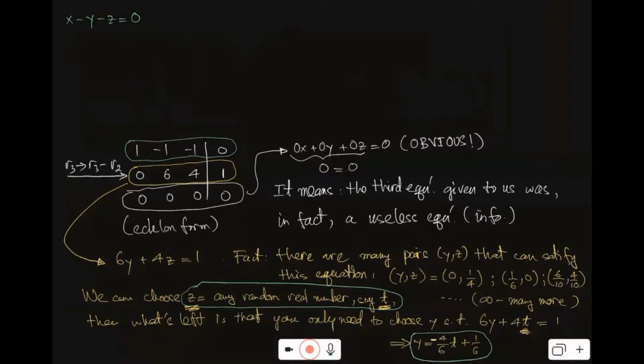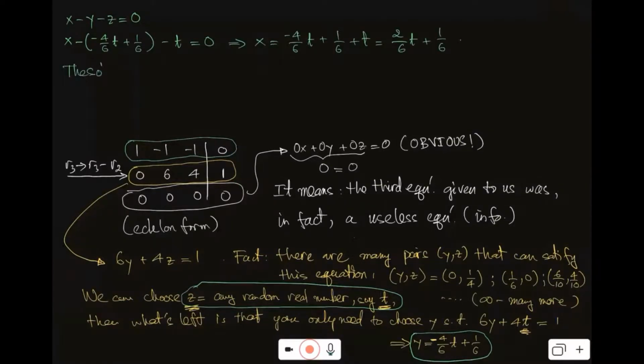So you literally can rewrite the green equation as x minus y, which is minus negative 4/6t plus 1/6, and then minus z, that means minus the number that you made. And then you can solve for x.